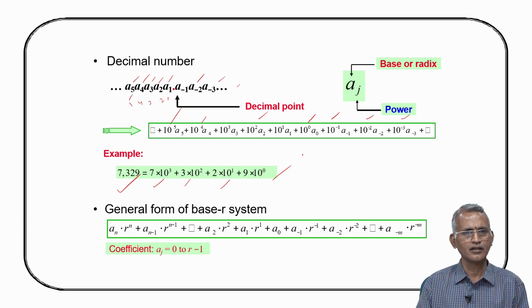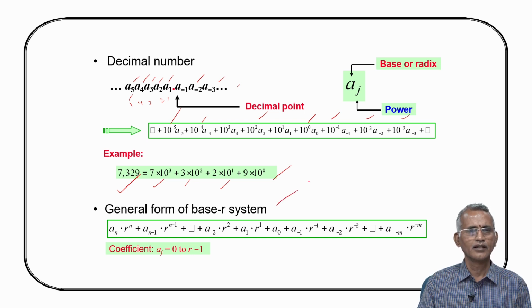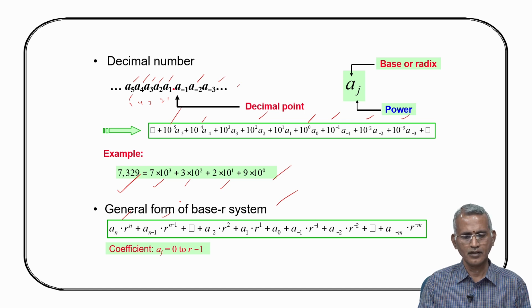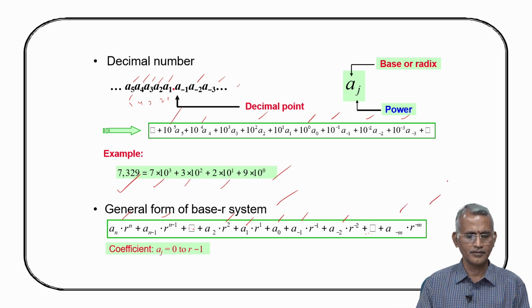In general, the form of the base R system is A suffix n into R power n plus A suffix n minus 1 into R power n minus 1 and so on, A suffix 2 into R square, A suffix 1 into R power 1 plus A naught, and then after the decimal, A suffix minus 1 into R power minus 1 plus A suffix minus 2 into R power minus 2 and so on plus A suffix minus m into R power minus m.